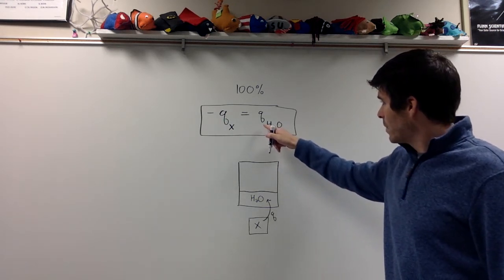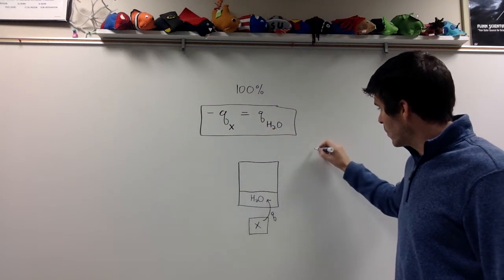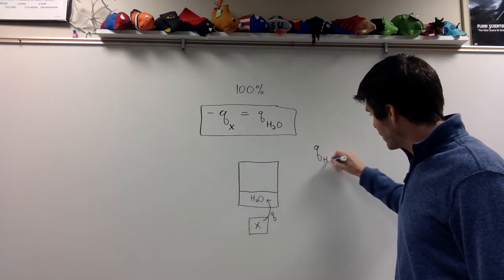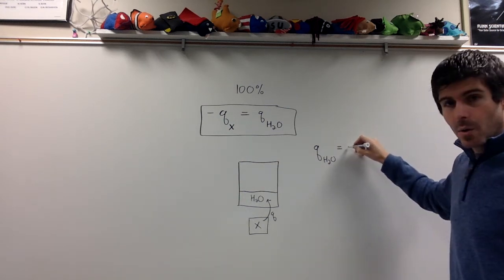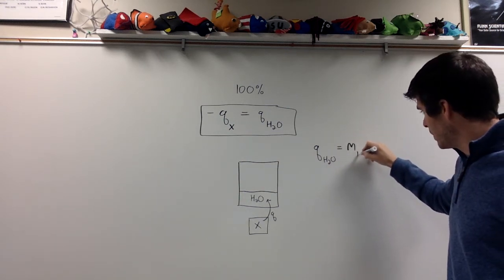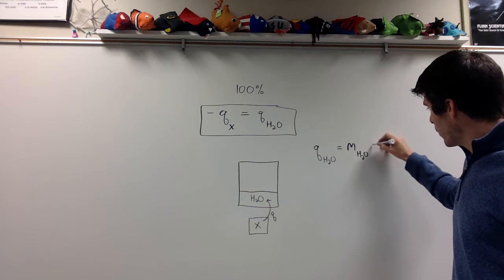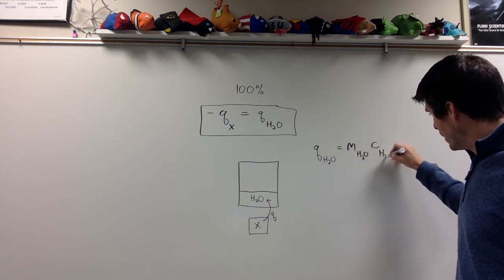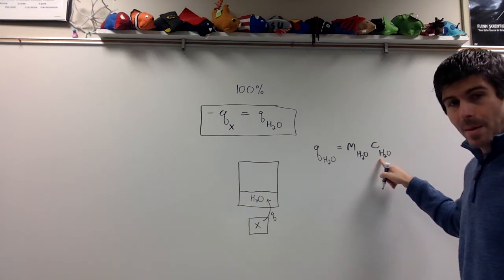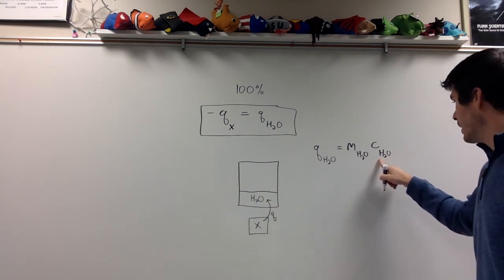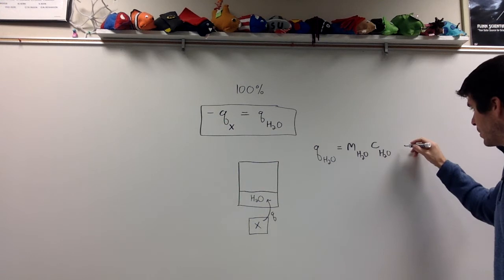We use water because it's easy to measure. There's an equation we can look at where we know the mass of the water and the specific heat of the water, which is the rate that it absorbs energy by mass, which we'll look at soon.